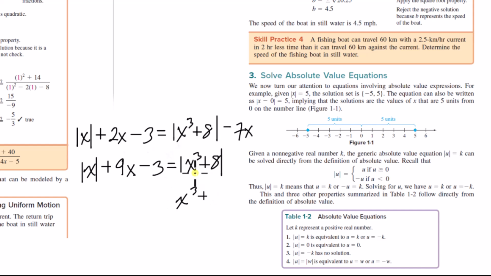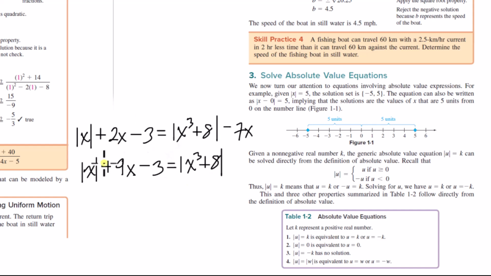And with that, we're going to solve separate equations for all of the different scenarios with all of the absolute values in the entire equation. If it was just one absolute value of an expression in the entire equation, we'd solve the equation for the positive case and the negative case.